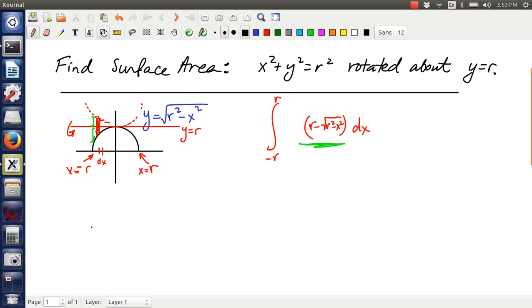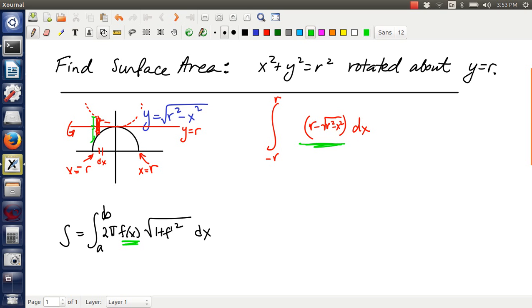That's the page you're looking for, and you're looking for the formula that looks like this. And it's about the x-axis, and we have to adjust, this is b to a, 2 pi f of x, and then this lovely expression, and dx.